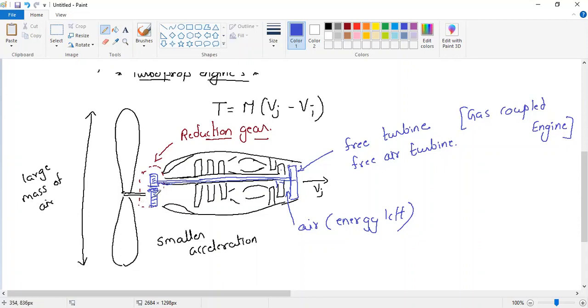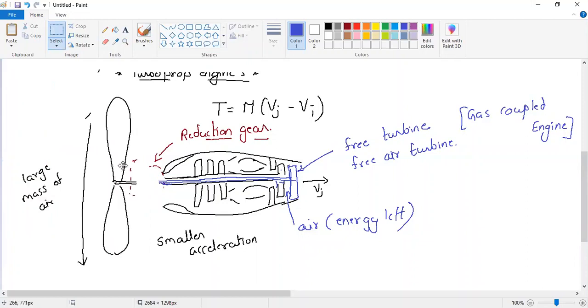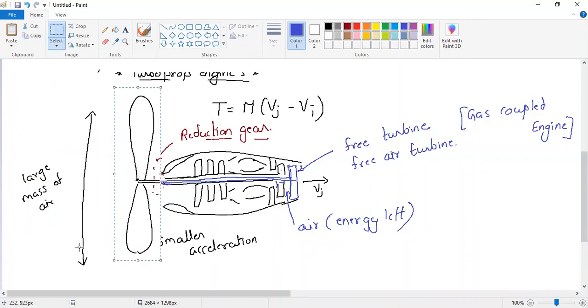Okay. There is one more type of arrangement. In this type of arrangement, you will not have any reduction gear. This will be directly coupled to your free turbine. See what is happening: when the exhaust gases are coming outside, their energy is less.